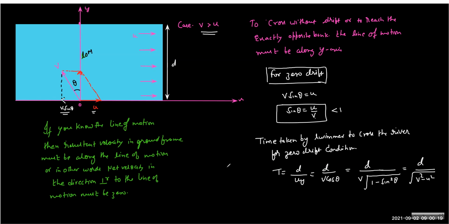Now there are many ways of thinking about the same problem. This is one way of thinking. The other way of thinking is, let's say this is our river.